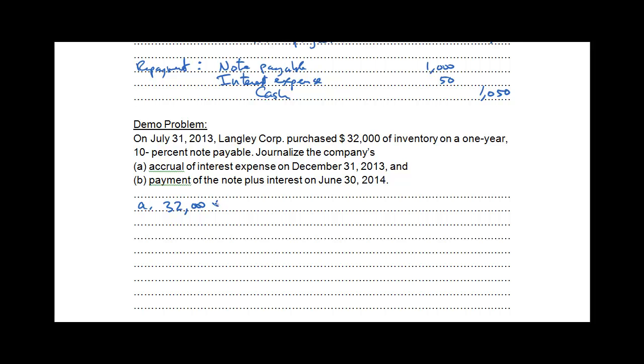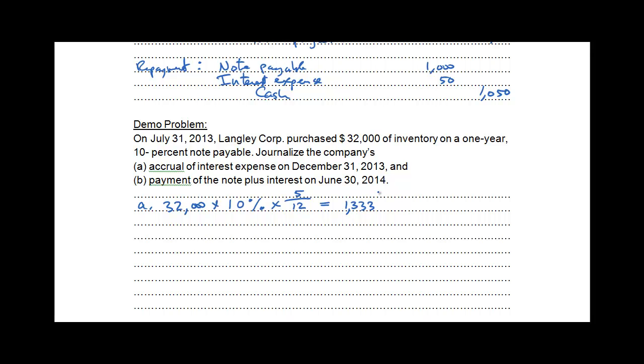$32,000 times 10% times July 31st. So August, September, October, November, December. 5 months over 12 is going to be $1,333.